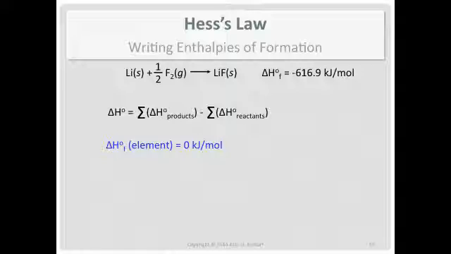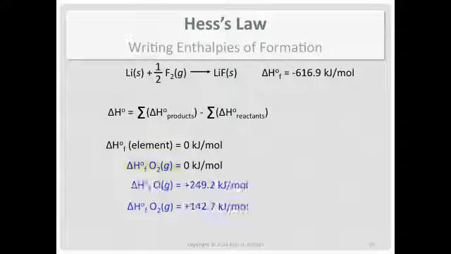Be careful on that element. If you look up the value for O2, gas, it's 0 because it's defined to be 0. In fact, in the table of data I give my students, I don't even include it because you're expected to know that it's 0. But if you keep looking, you'll see these two values there also.